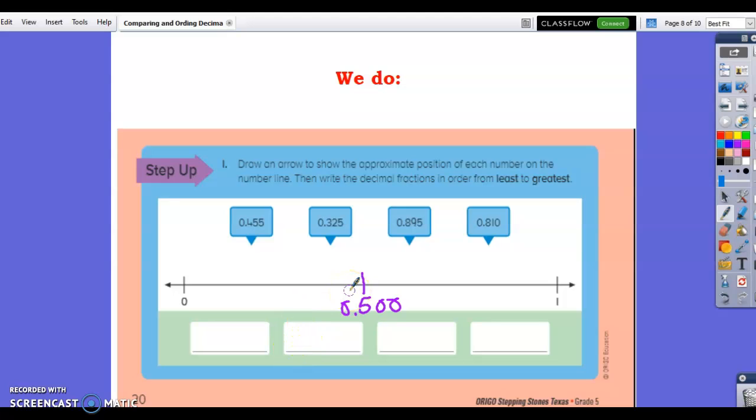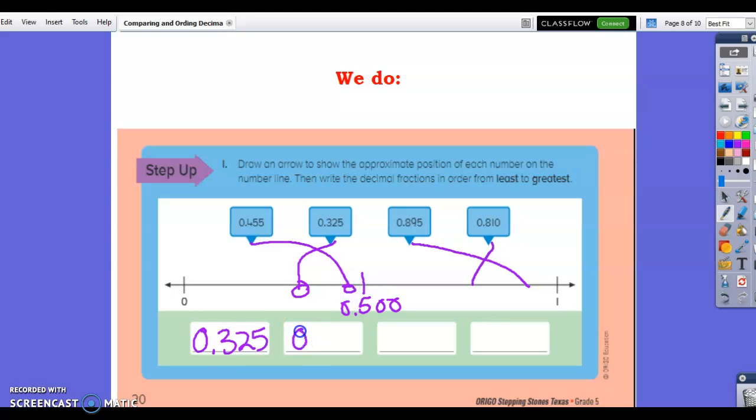So if you're looking at your lines, this one should be right about there. This one is going to be right about here. This one is going to be here, and this one's going to go right there. And so then you look to see which one hit the number line first. It is 325 thousandths. Then you're checking to see which hits second.